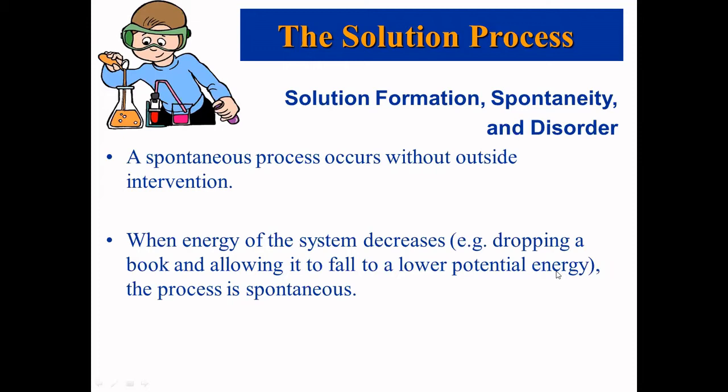But once it's dropped, it decreases. It lowers the energy content of the book because your potential energy is converted into kinetic energy. So there's velocity associated to it. So that's a process that is spontaneous. You drop something or allow the potential energy of something to decrease, that's a spontaneous process as well.